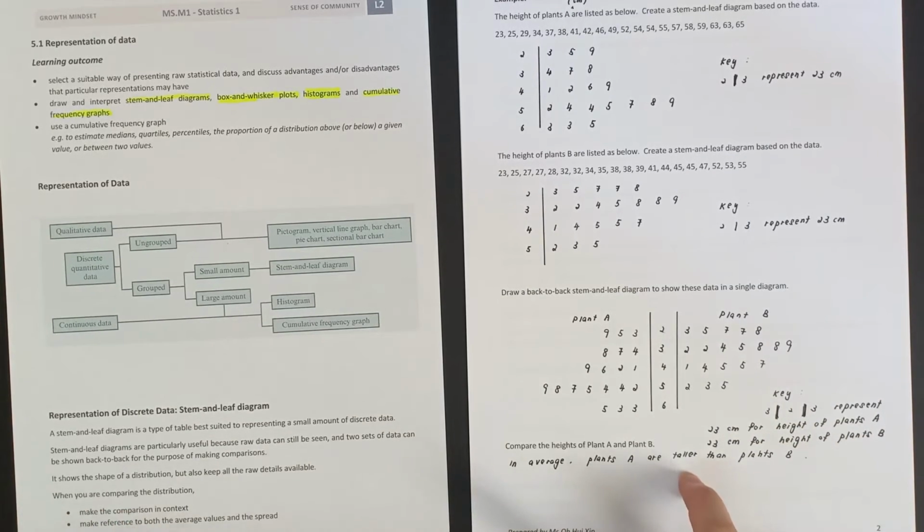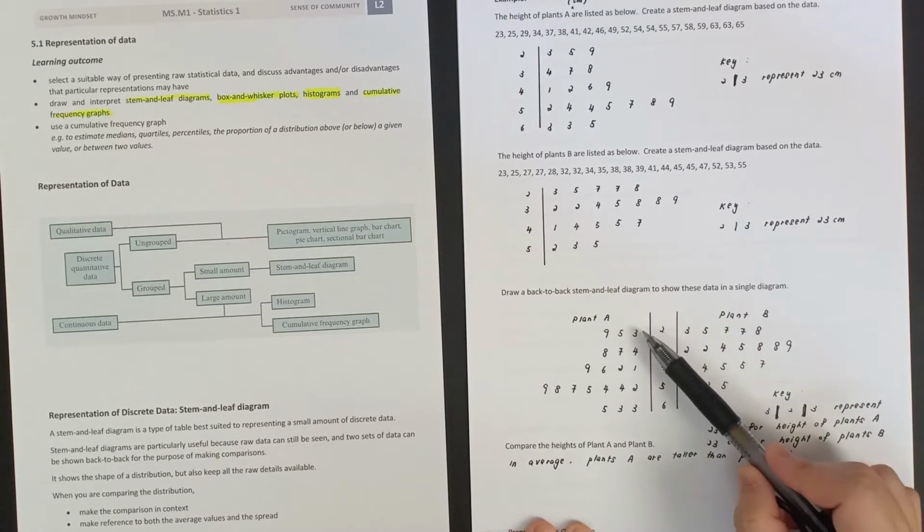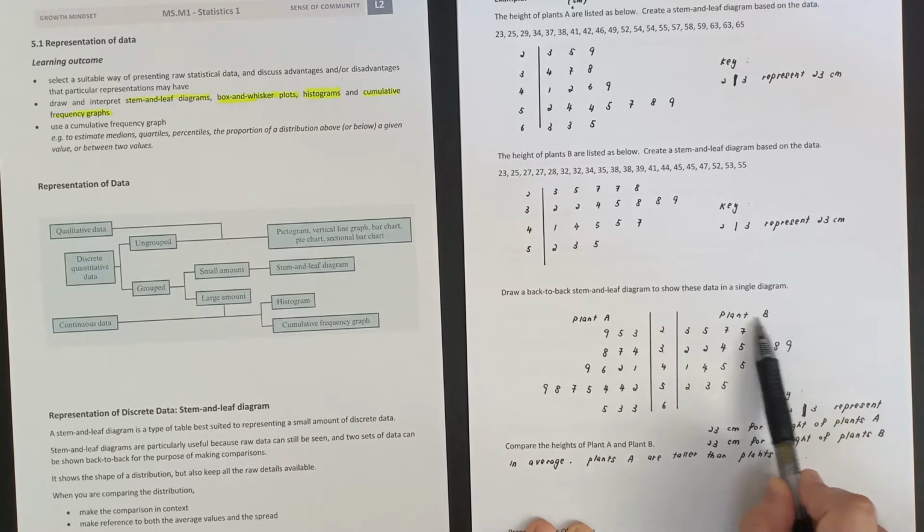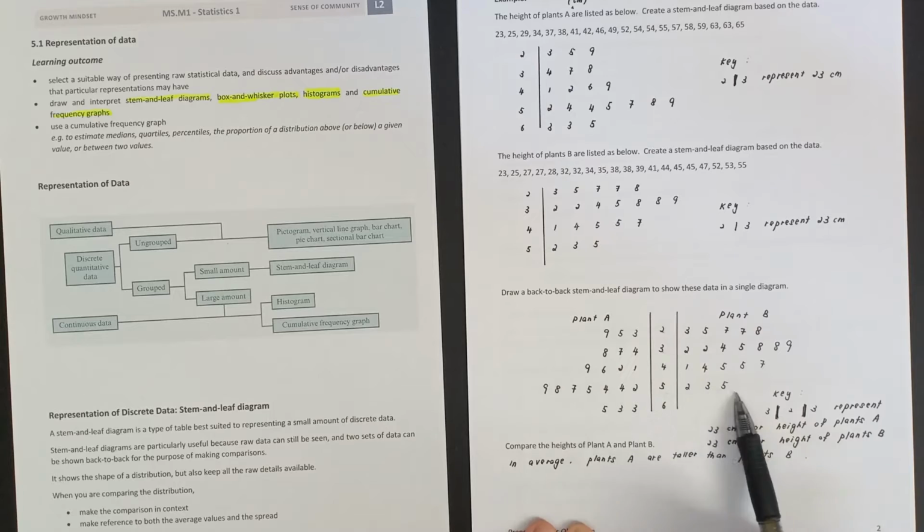Second one, we compare in terms of spread. You can see here, the minimum is 23, the maximum goes to 65. But for plant B, the minimum is 23 and the max is here.